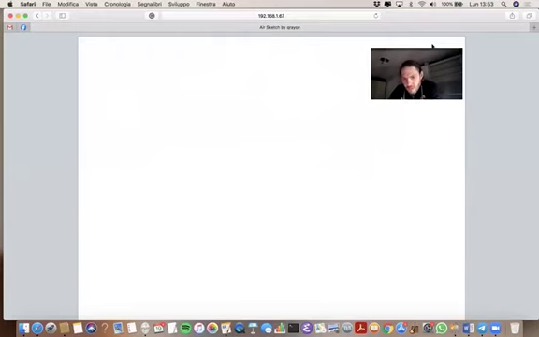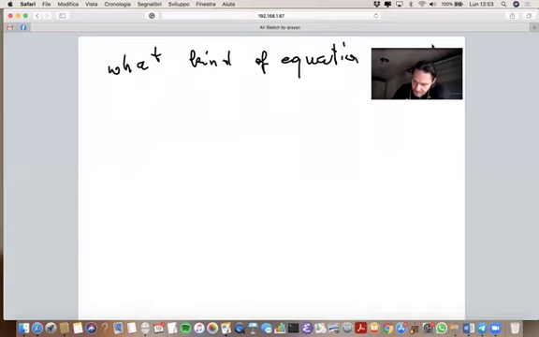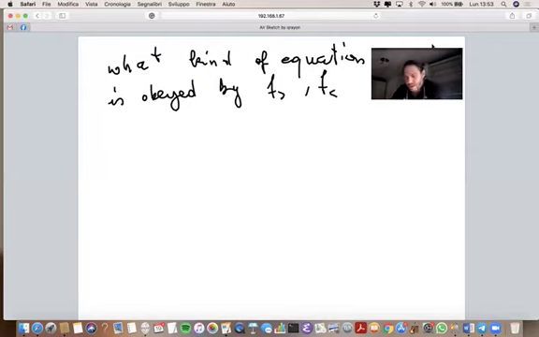So the question we would like to ask is, what kind of equation is obeyed by f, propagating forward and backwards, by the two functions f bigger and f smaller that describe the forward and backward propagating parts of the wave?